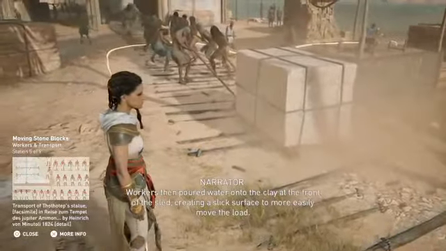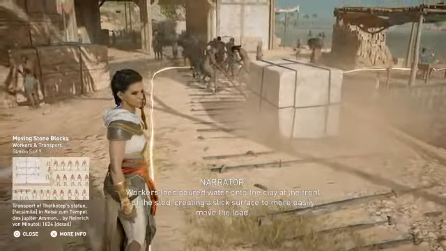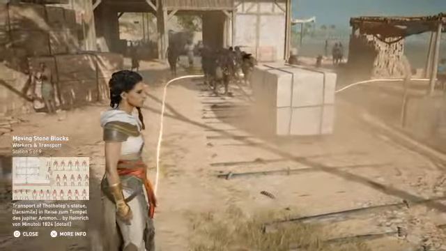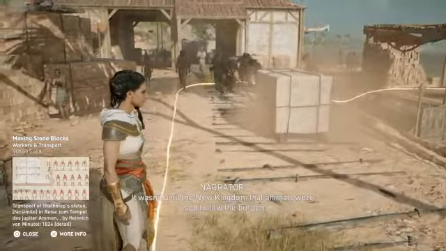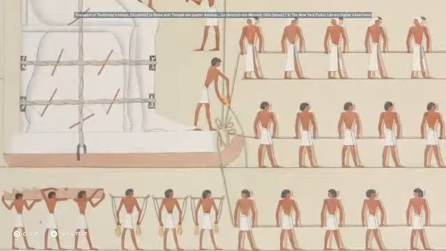Workers then poured water onto the clay at the front of the sled, creating a slick surface to more easily move the load. It wasn't until the New Kingdom that animals were used to tow the burden. Right, that's detailed there, and credit to the New York Public Library Digital Collections.